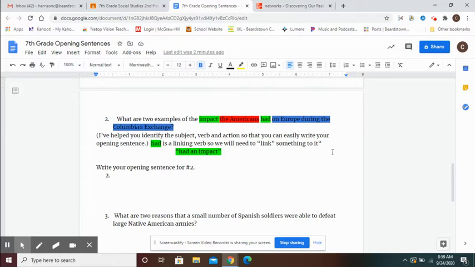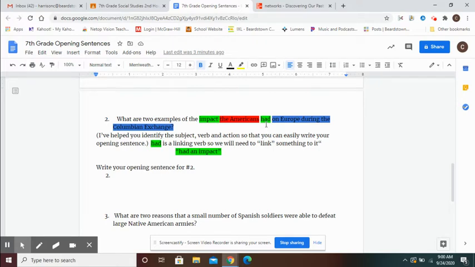You can see that I have already helped you with number 2. I've identified the subject in red. I've identified the verb in green, and I've identified the action that is taking place in blue. And so I've helped you with this one because had is a linking verb.